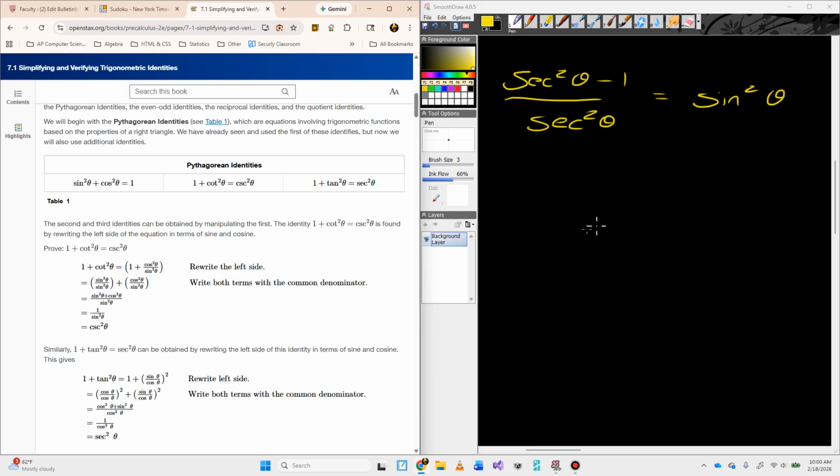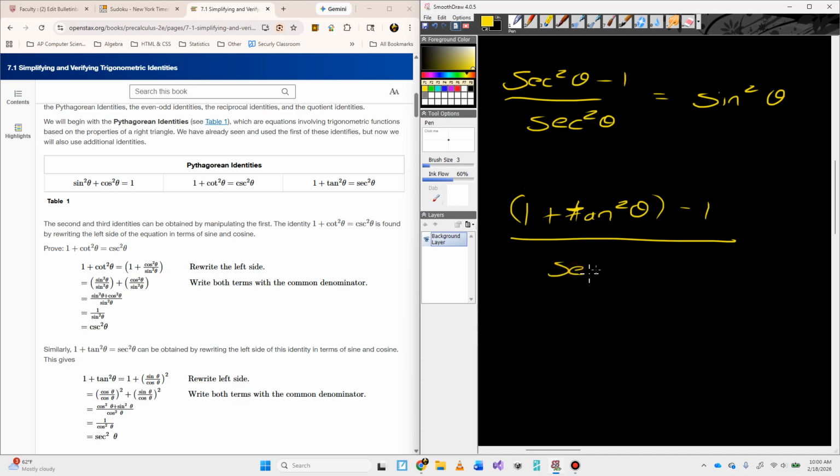Well, then I can rewrite this in the following way. This secant squared theta can be written as 1 plus tan squared theta, and that's going to be subtracted by 1. That's a t, by the way. And that's going to be divided by secant squared theta, and that's going to be equal to sine squared theta.